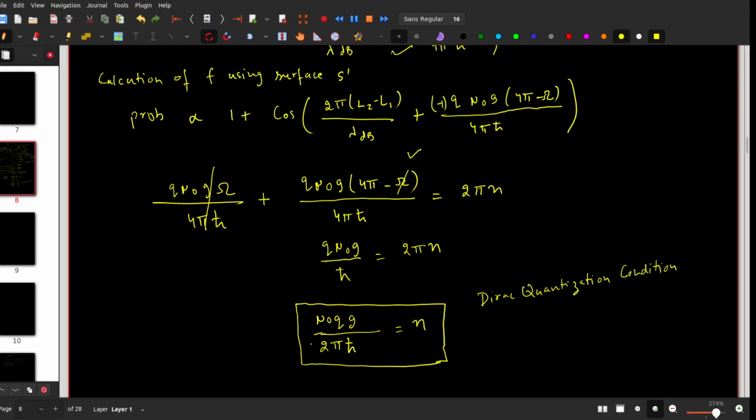So this is simply a condition of quantization of electric charges if there is any magnetic monopole present in the universe. A more precise statement is that the product of the magnetic charge and any electric charge in the universe must follow this equation, where n could be any integer.